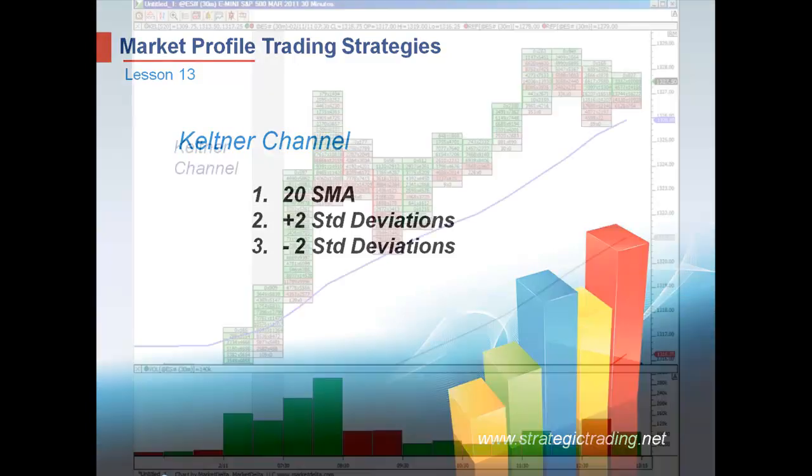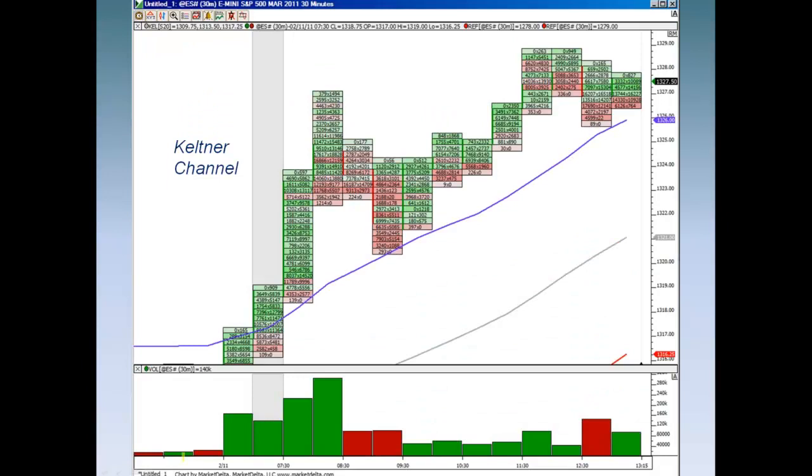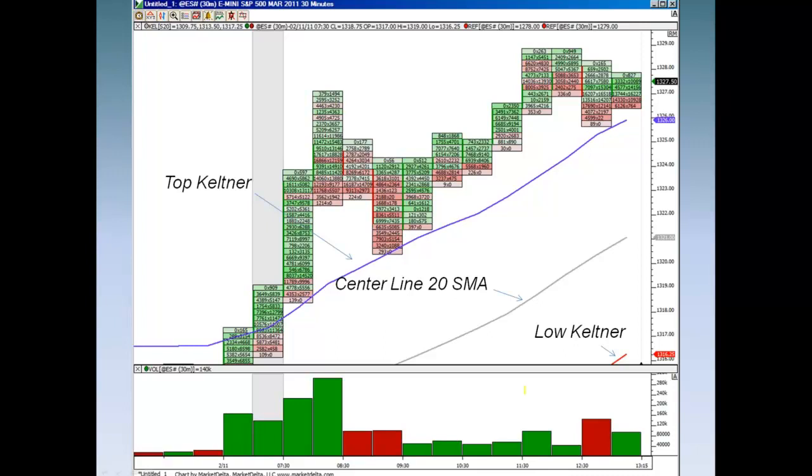All right, let's take a look at the Keltner channel together. I told you that we have a center line based on a 20 moving average. So this is the same exact thing as the simple 20 moving average that we've talked about. And then it has an upper and a lower line. The center line is my 20 simple moving average again. And let's take a look together at the upper Keltner and the lower Keltner.